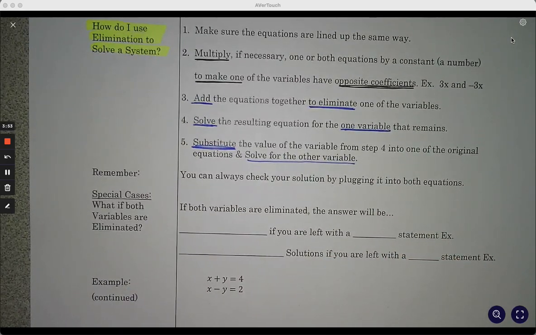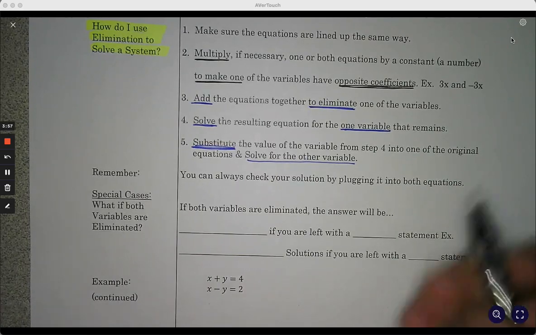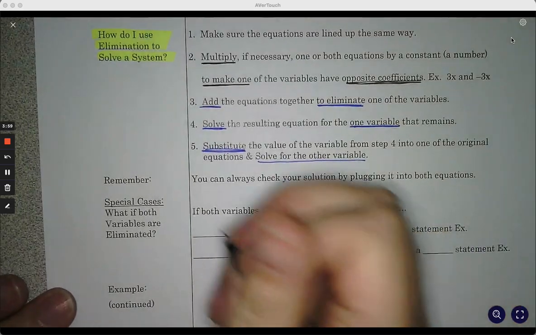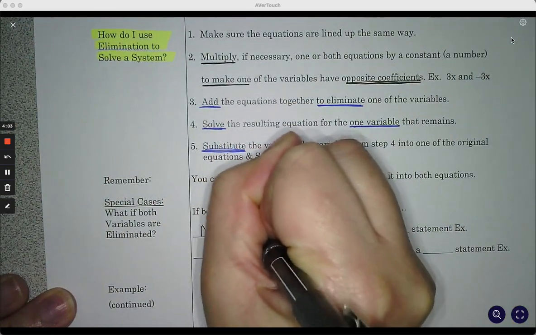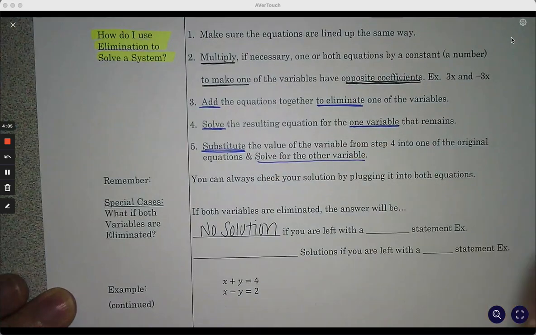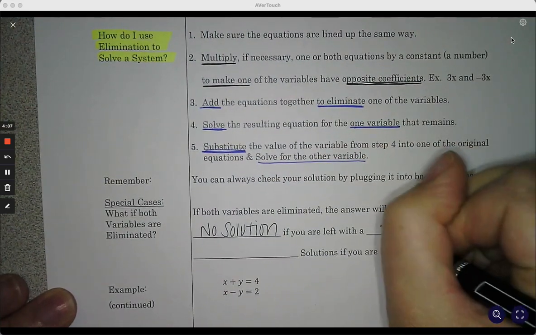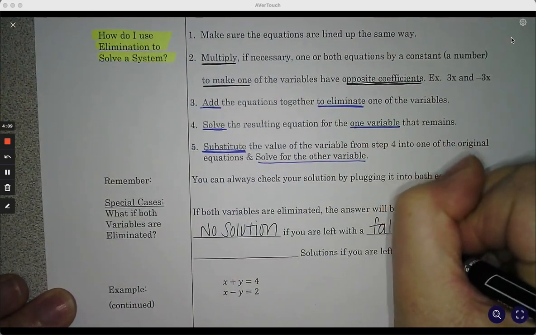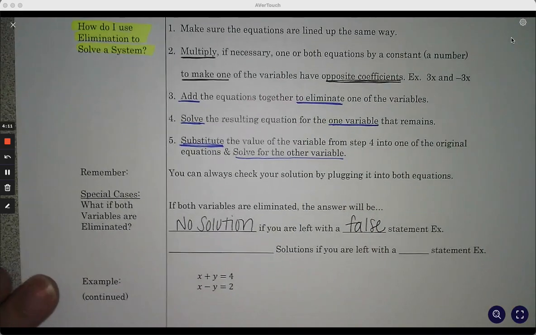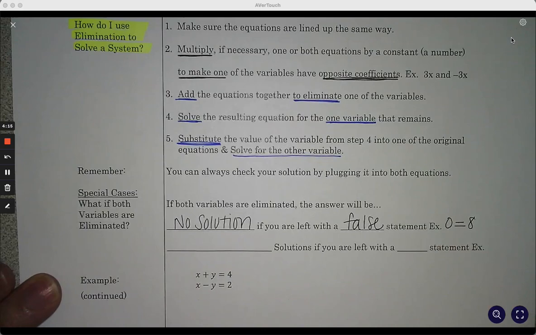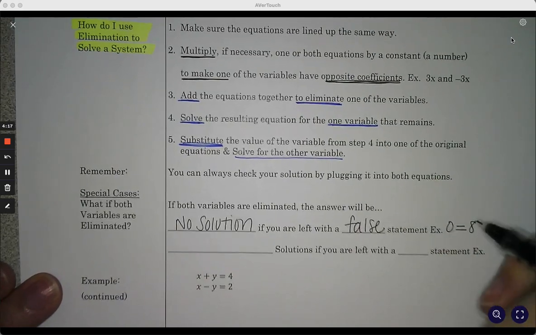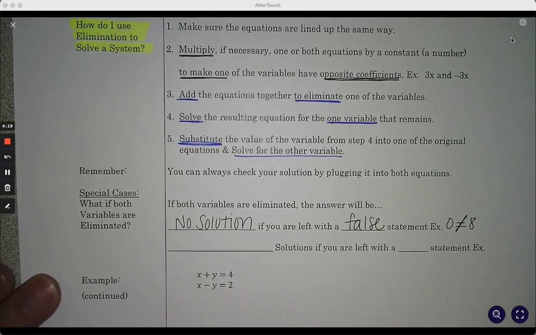Okay, so special case. What if both variables are eliminated? If both variables are eliminated, the answer will be no solution if you are left with a false statement. So an example of a false statement would be 0 equals 8. Okay, that's a false statement because we know that 0 doesn't equal 8.